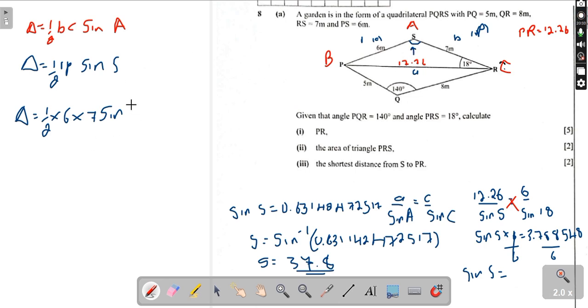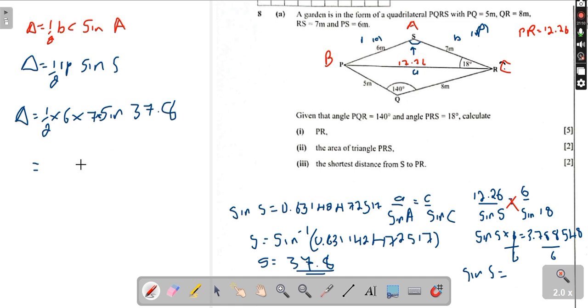So that is S, 37.8. Here you can just use a calculator. You multiply 6 times 7 times sine 37.8, and divide by 2.